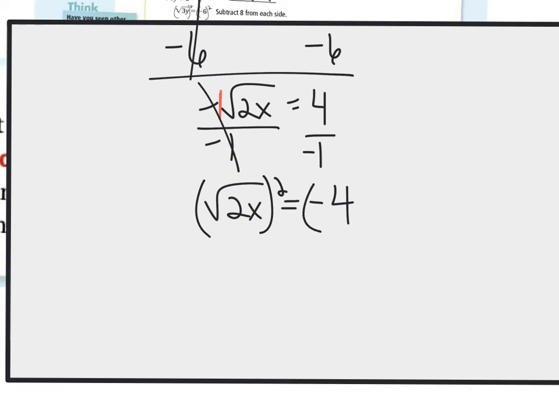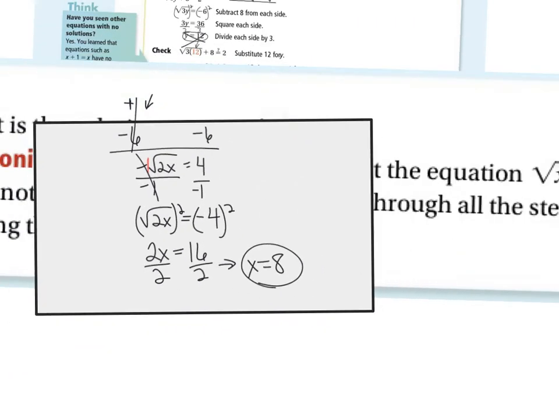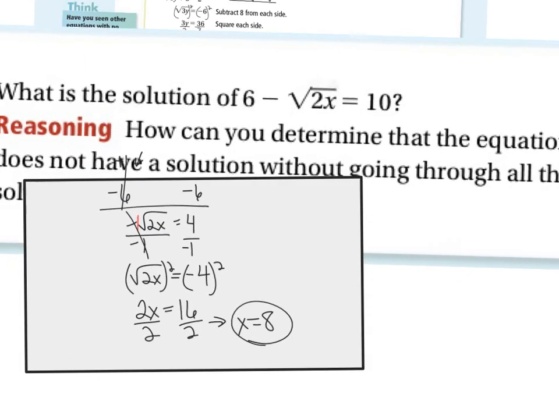And then you can square both sides. So that would be 2x equals 16, and then divide by 2 would be x equals 8. Like I said, always we want to go back to that original problem and make sure it works.